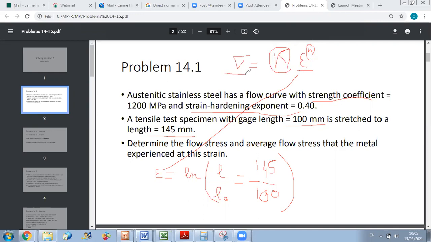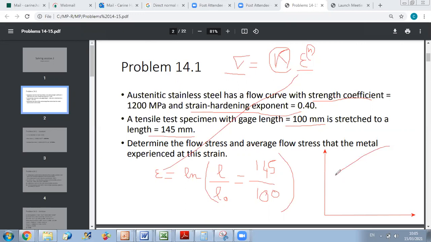Now, they asked us also to determine the average flow stress experienced by the metal when reaching the strain. So you know that in general, the strain hardening curve will start from the yield point, okay? And at the yield point, the value of epsilon is negligible, nearly equal to 0.